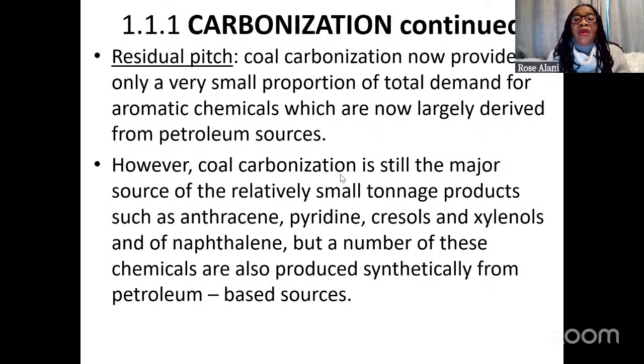So we now have coal carbonization providing only a small proportion of total demand for aromatic chemicals, which are now largely derived from petroleum sources. However, coal carbonization is still the major source of relatively small tonnage products like anthracene, pyridine, creosote, and xylenols, naphthalene, and so on.